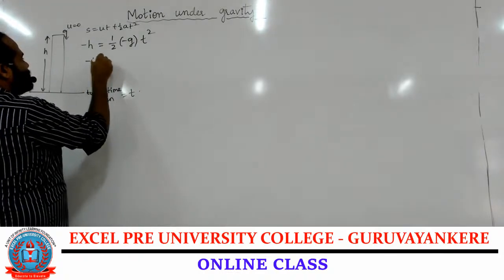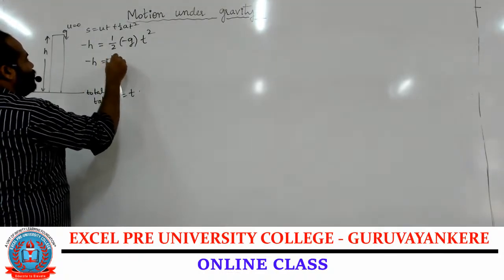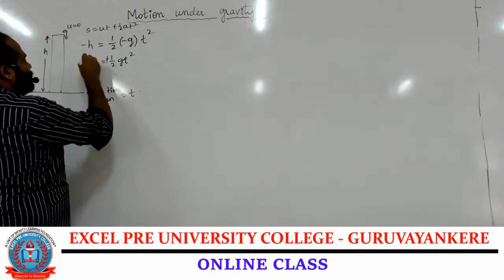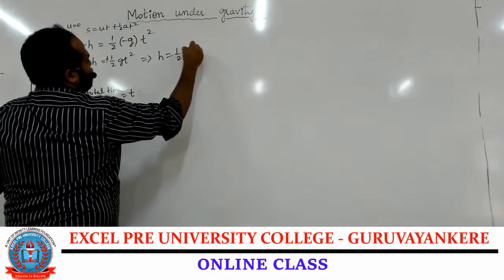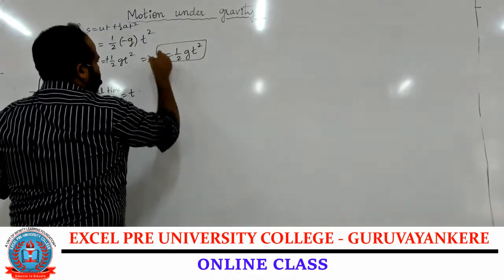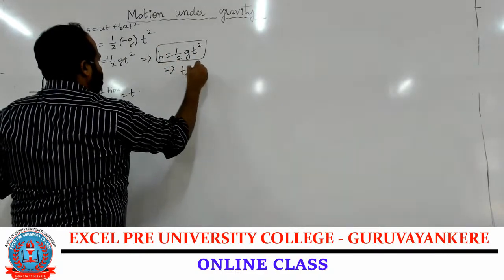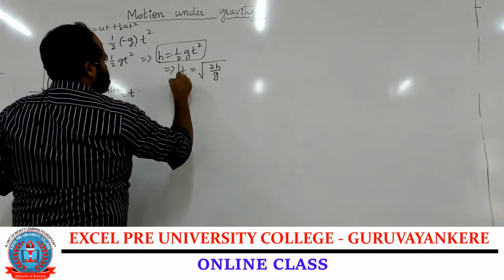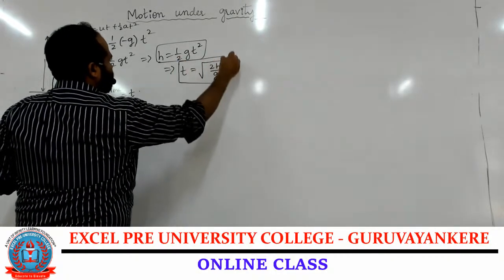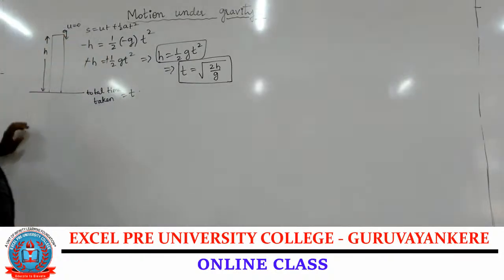So minus h is equal to minus half g t square. Minus minus cancels. h is equal to half g t square is one formula, which implies t is equal to root of 2h by g.